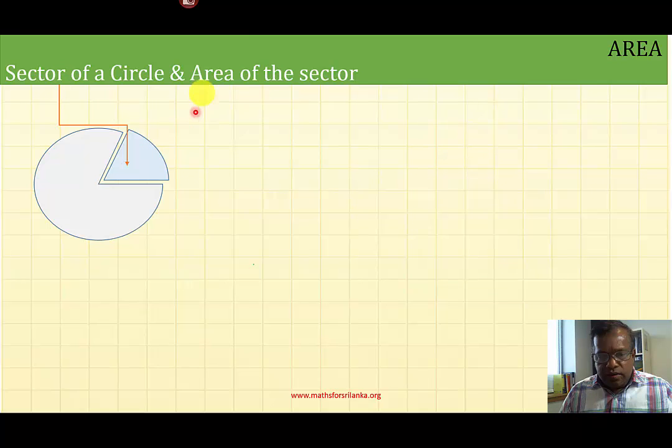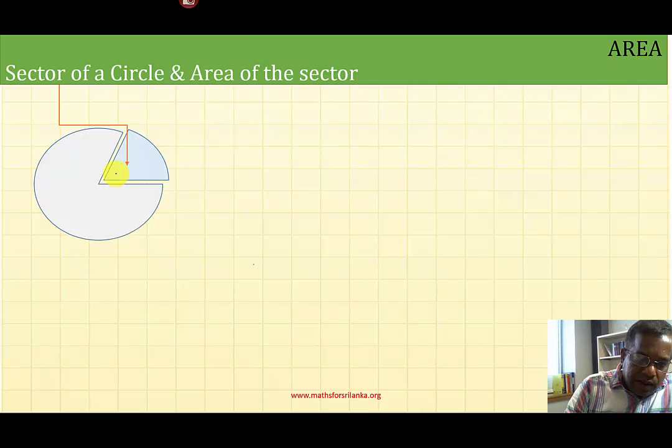Now in this lesson, we are interested in knowing the area of this sector. So this angle over here is the most important thing right now. It's called the angle at the center.